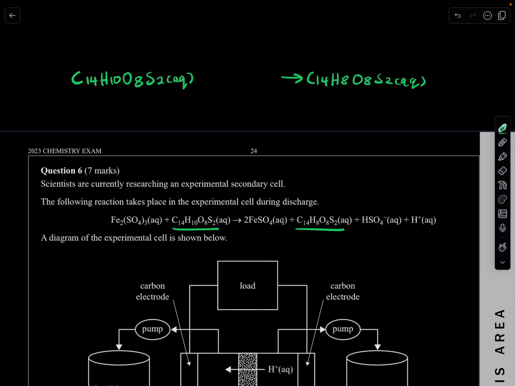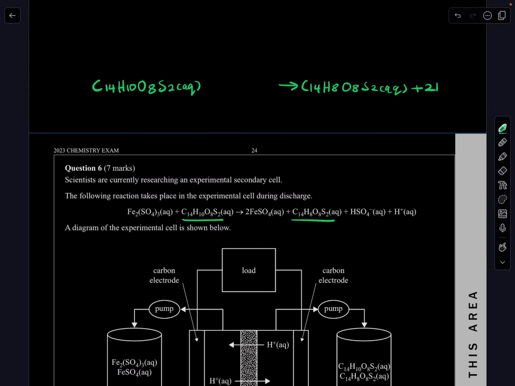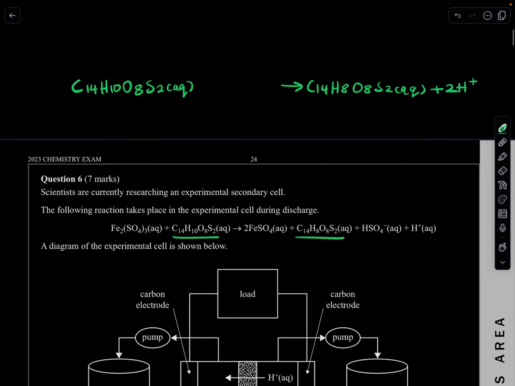There's 10 hydrogens on the left and there's 8 hydrogens on the right. We need to add 2H+ to compensate. So now they have equal hydrogens. Because we have a 0 charge overall on the left-hand side, but a +2 charge on the right because of this, we need to add 2 electrons on the left to cancel that charge out.